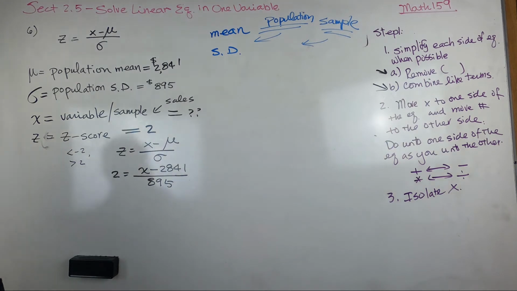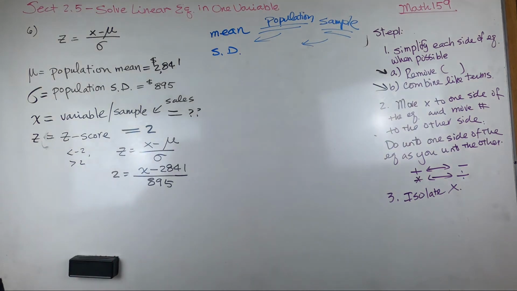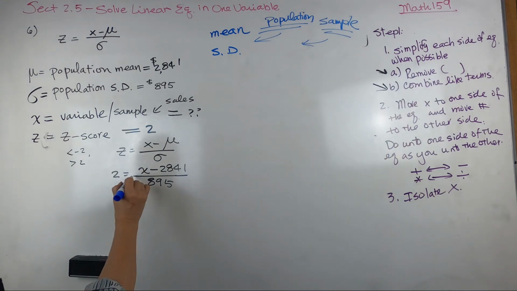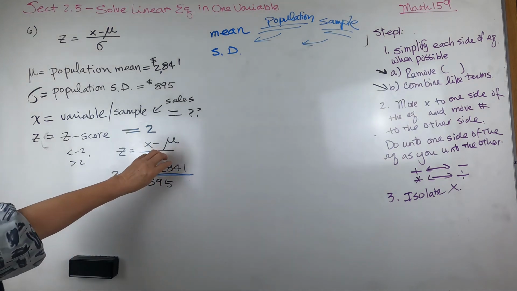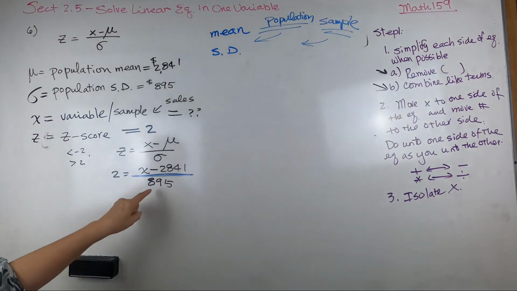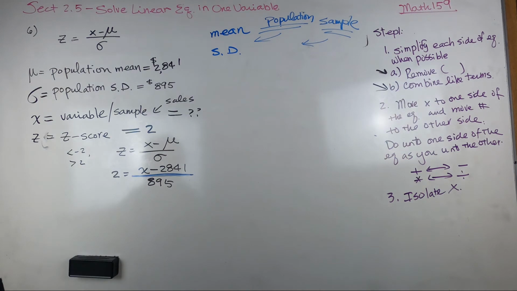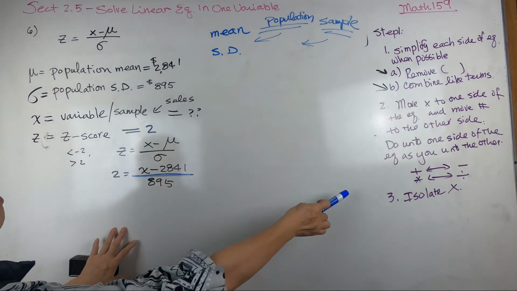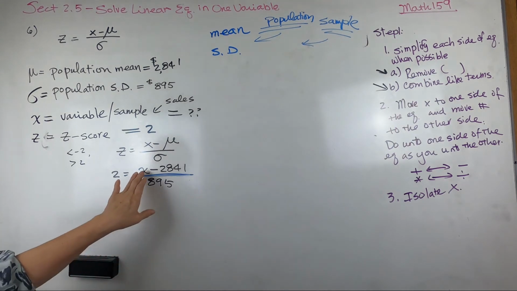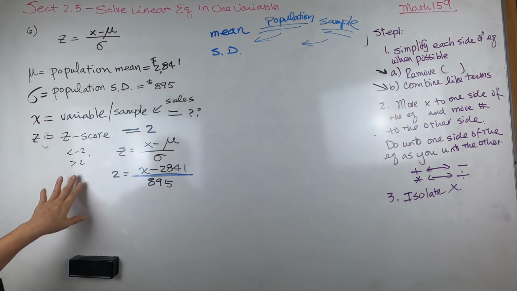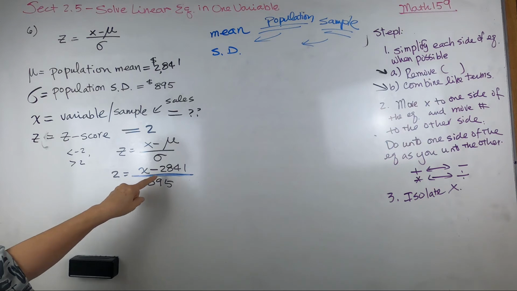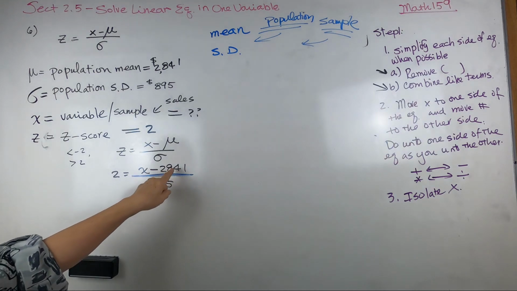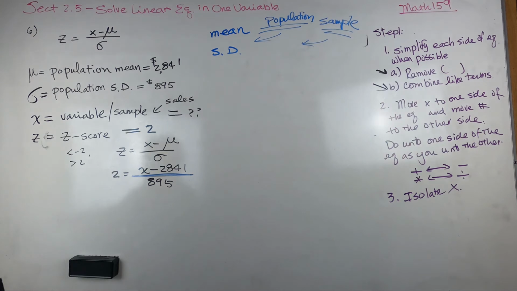So, do we have a linear equation? Yes. Then we want to solve the linear equation for x. We know division is a group symbol, the whole group. Then we want to get x by itself. It's divided by 895. So how do we solve a linear equation? Move x to one side, move the numbers away to the other side. X is here, so we want to move 2,841 away, and 895 away.